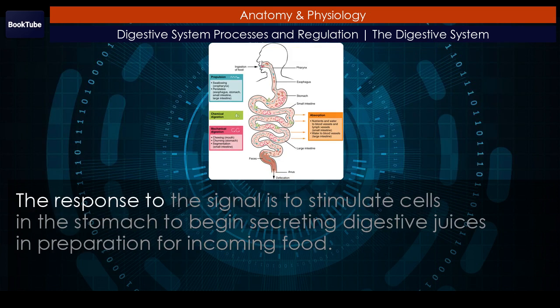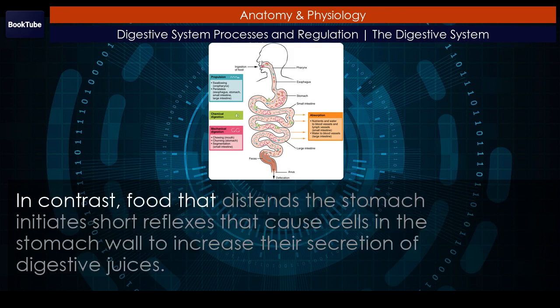The response to the signal is to stimulate cells in the stomach to begin secreting digestive juices in preparation for incoming food. In contrast, food that distends the stomach initiates short reflexes that cause cells in the stomach wall to increase their secretion of digestive juices.